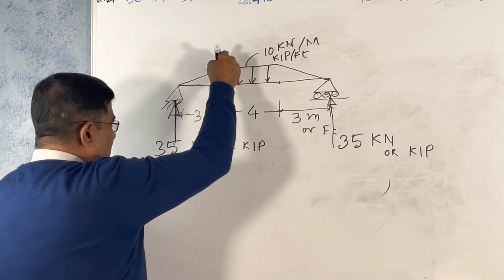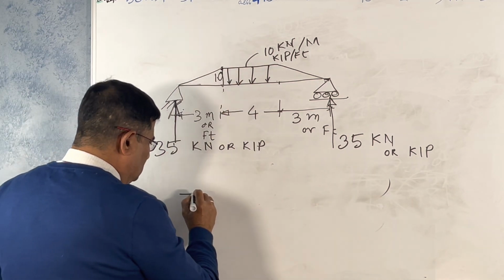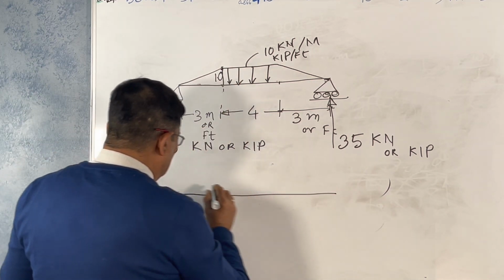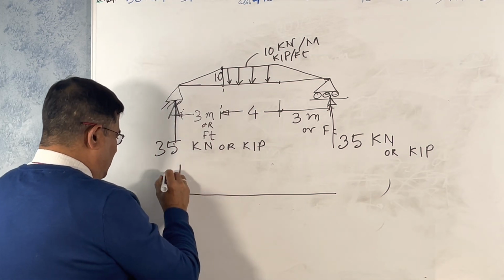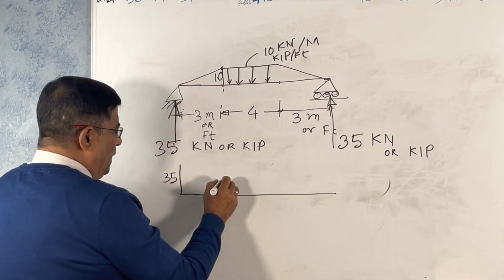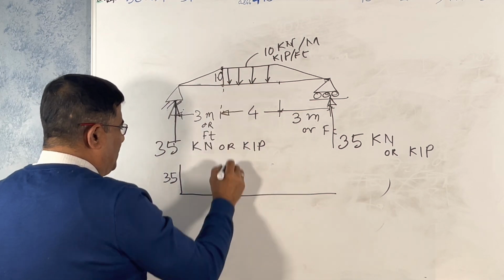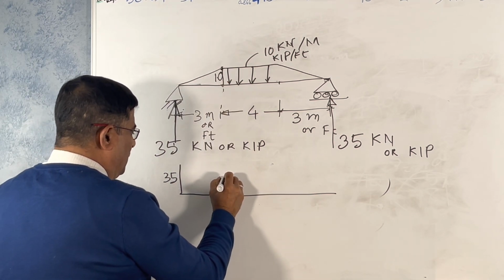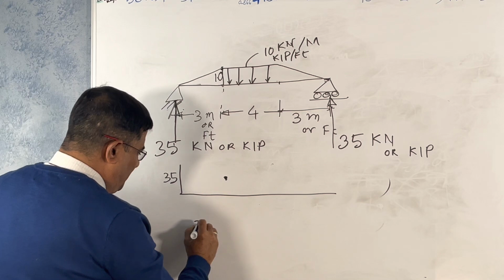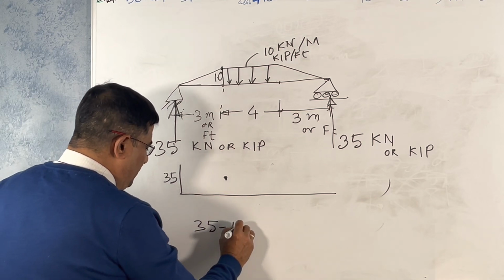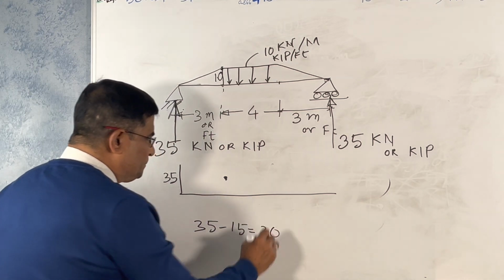You have 35 there, and here it is 35 minus 15, 20.